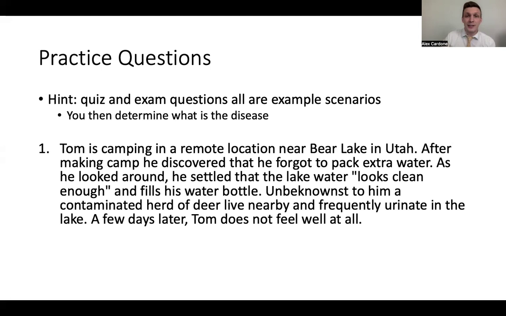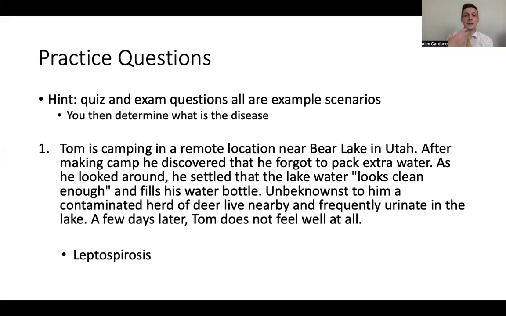So, if you guessed leptospirosis, correct. Again, some of the key indicators, things that we're looking at: the individual was drinking lake water, so this has to be something that can be found in water. It can probably last for a little while as well, but a contaminated herd of deer also frequently urinate.